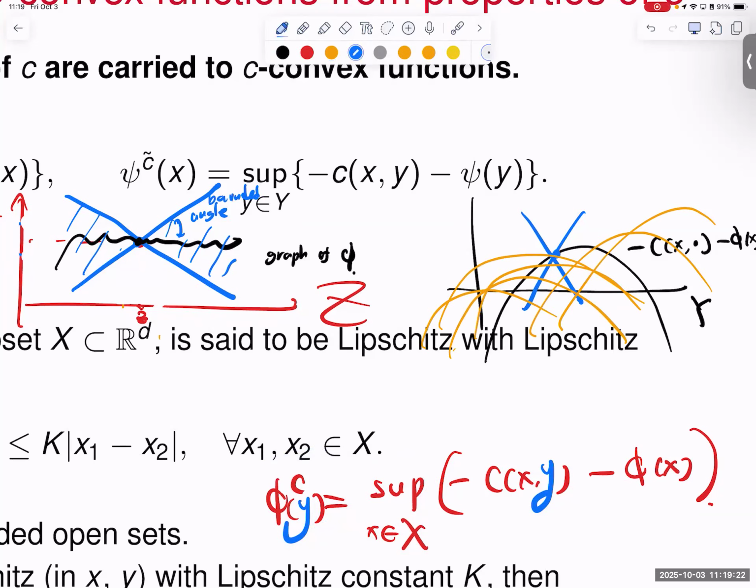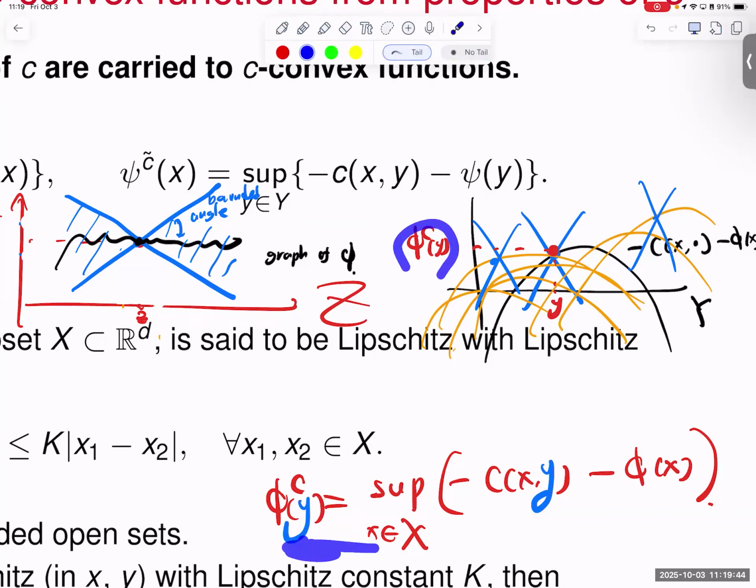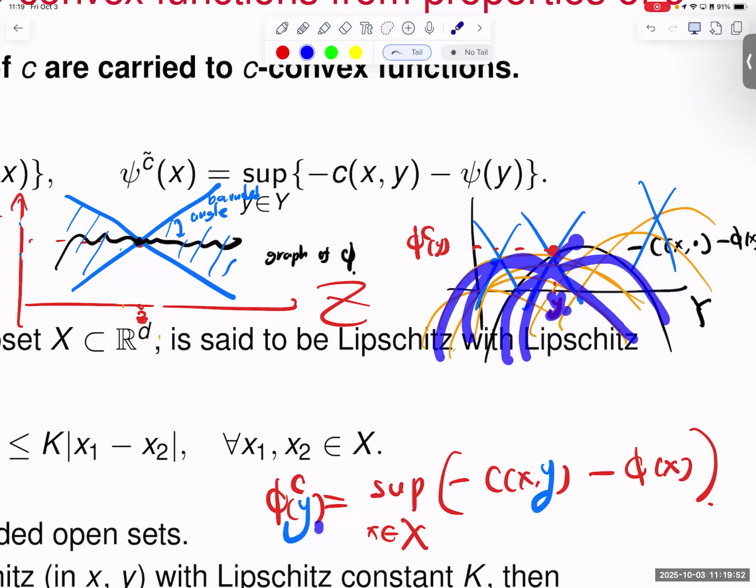But each one, at each point, it has the same cone containing the graph of that function. Imagine then this point is the same as that supremum value. Here. Because you may have other functions like this, and at that given y, you take a supremum of all these functions, and let's say we are here. The highest point is this one, so that's where we take supremum.